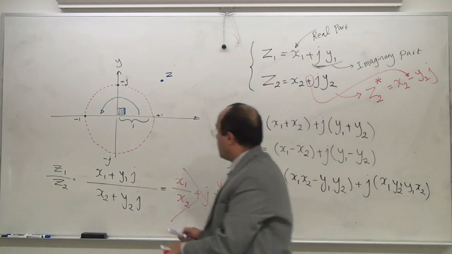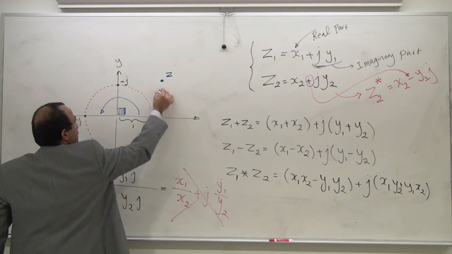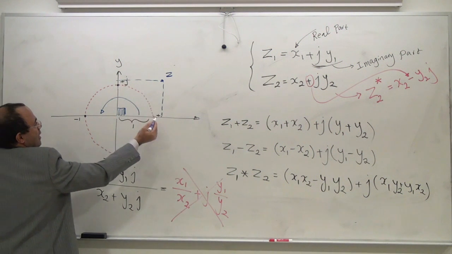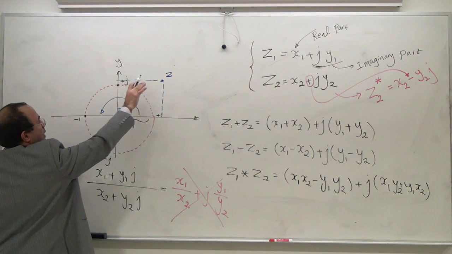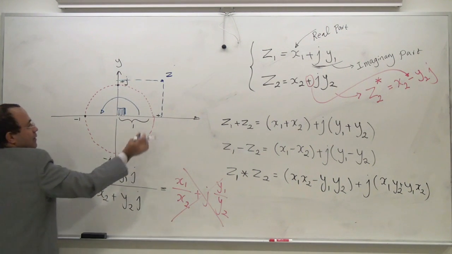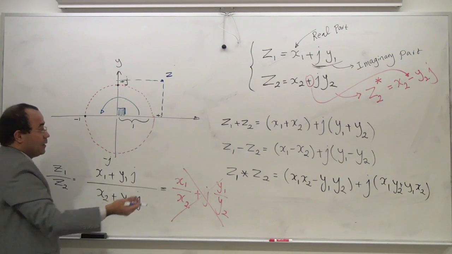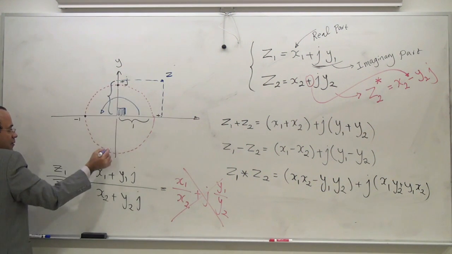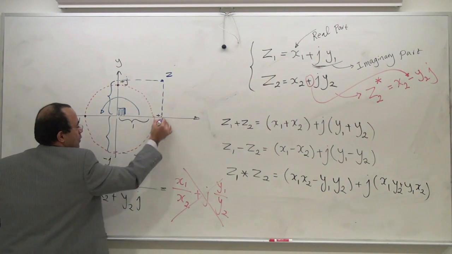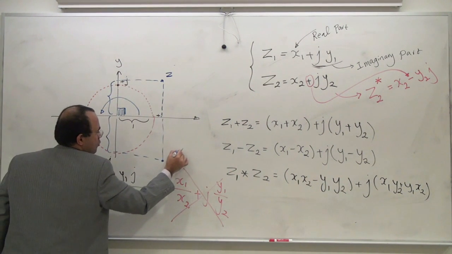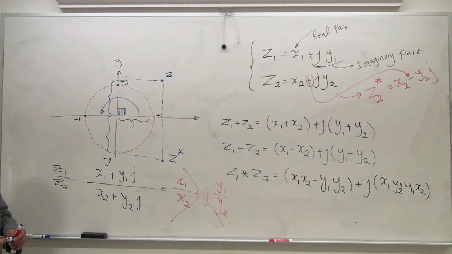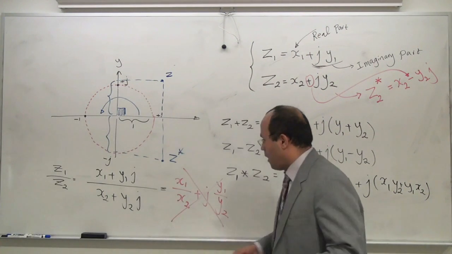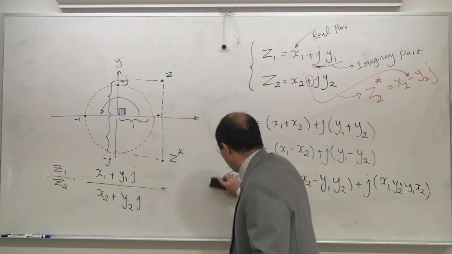The conjugate of z, for example x plus yj, is actually taking you to the other end. The length is the same, but y is negated. This is going to reverse itself, the same length, and this is z conjugate. Why do I need z conjugate? Let's take a look at the reason.